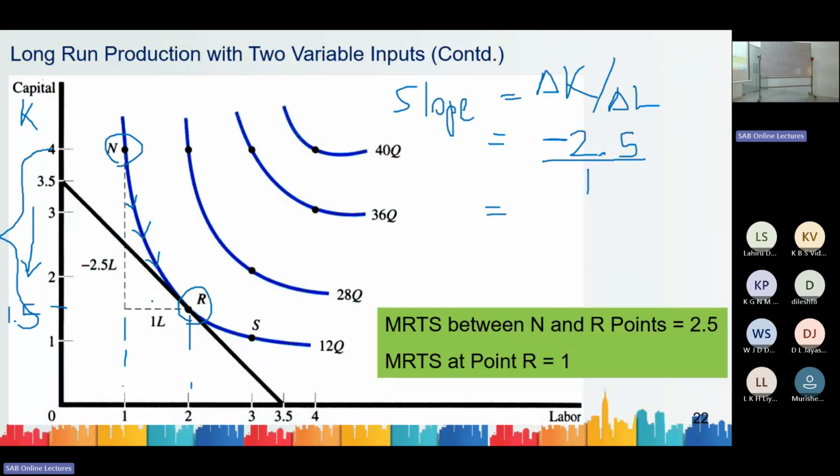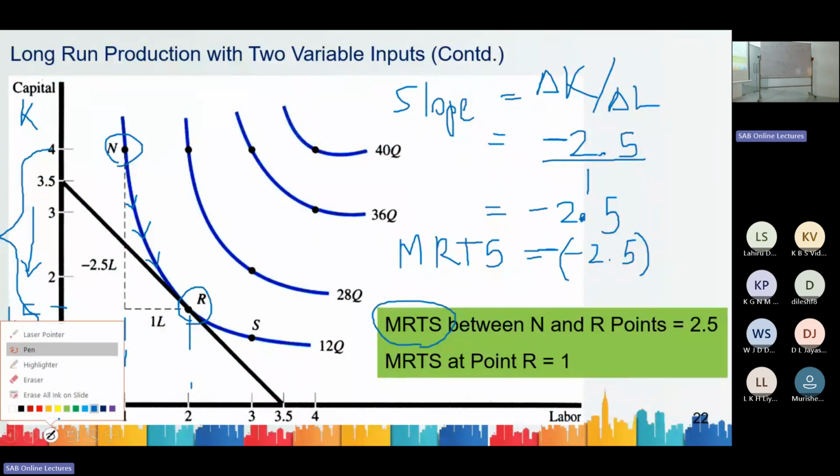So what is the slope? Slope between point N and R is minus 2.5. Then what is the marginal rate of technical substitution? To find the marginal rate of technical substitution between point N and R, we multiply this minus 2.5 by another minus sign.